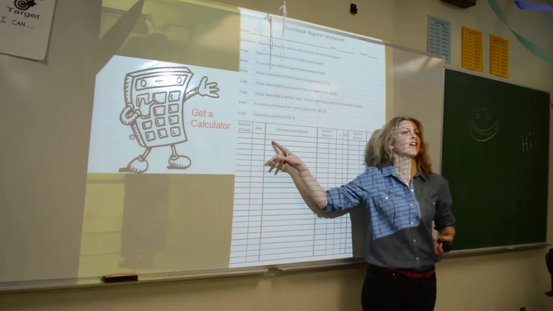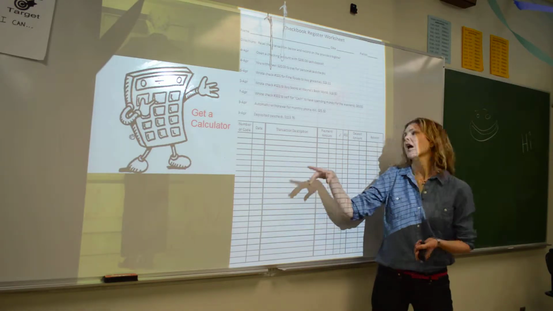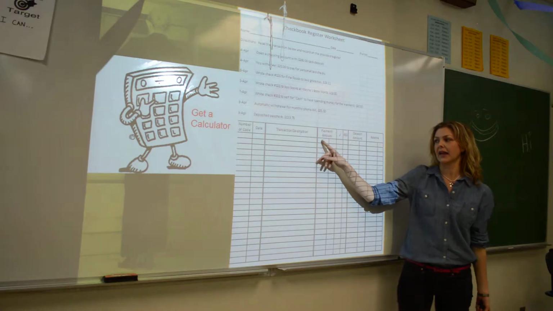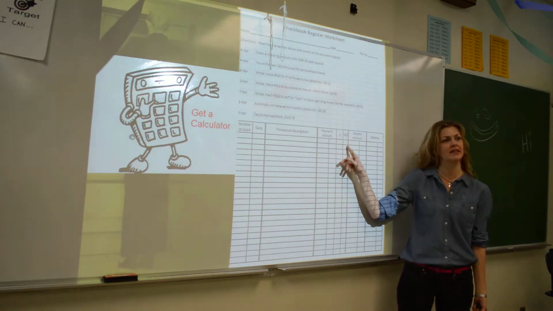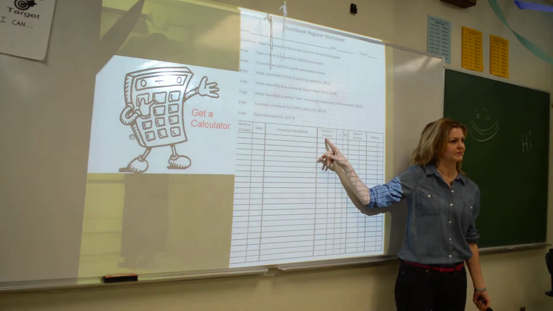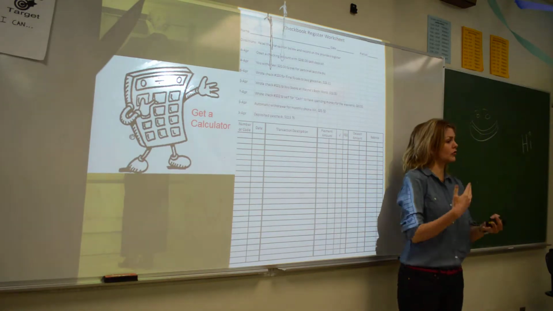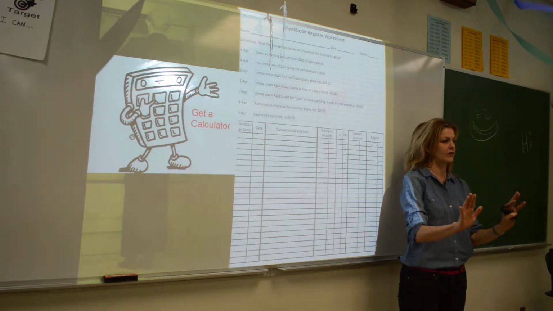If there is a transaction that has a fee associated with it, do you have to have the fee only in this column? Could you add it to the payment column? Yes. And vice versa. Both are acceptable to me, as long as you're being consistent with the method that you choose.